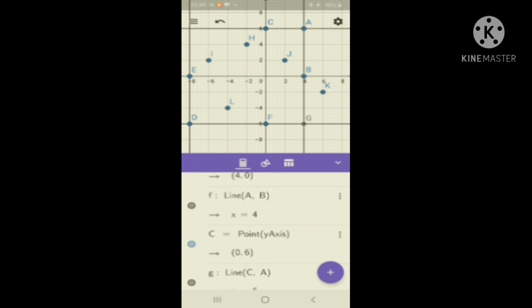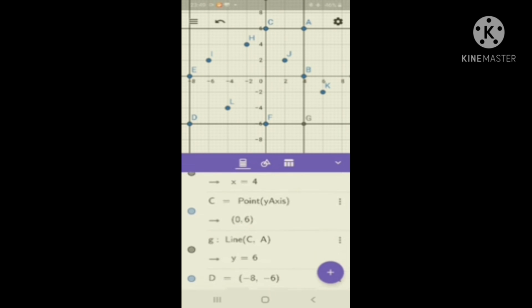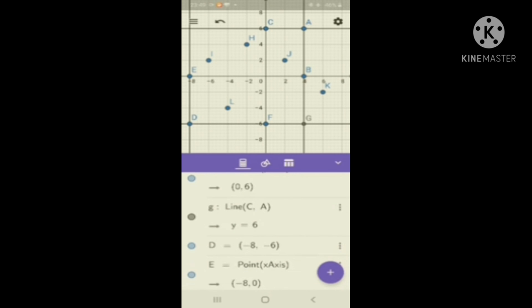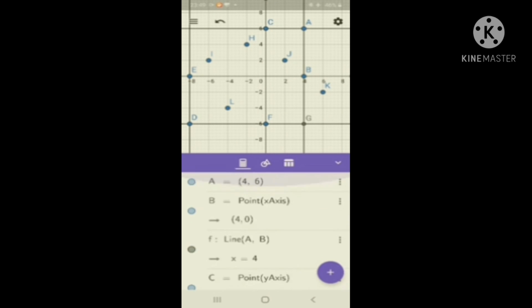F lies on the OY dash axis. C is on the Y axis, that is (0, 6). Similarly, D, E and so on.